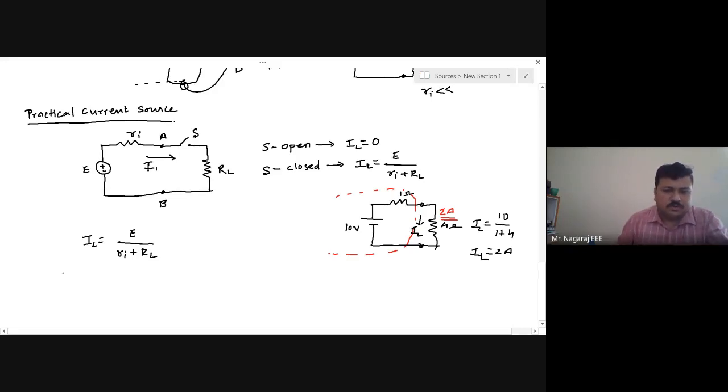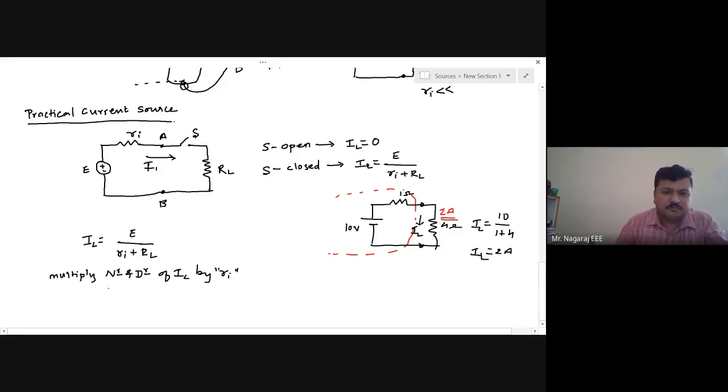Now what I will do is multiply numerator and denominator of IL by Ri. Okay, multiply numerator and denominator of IL by Ri.